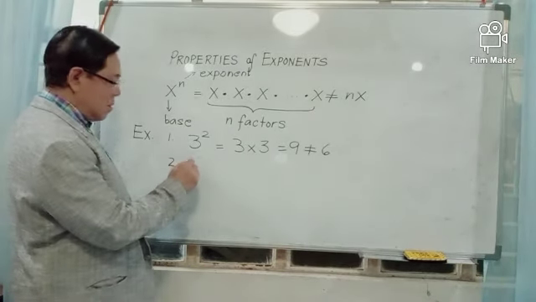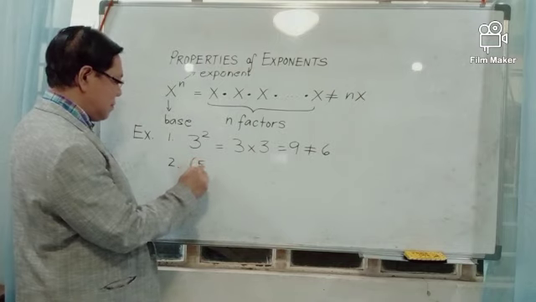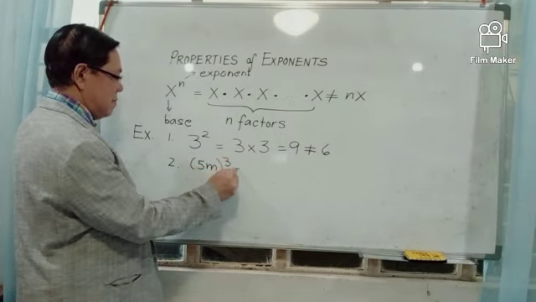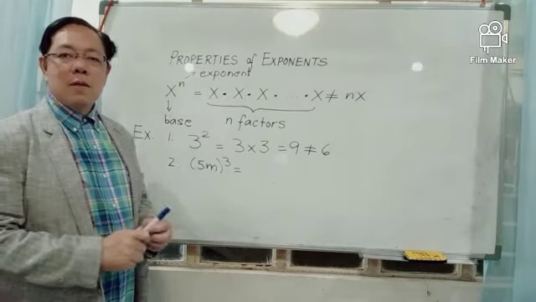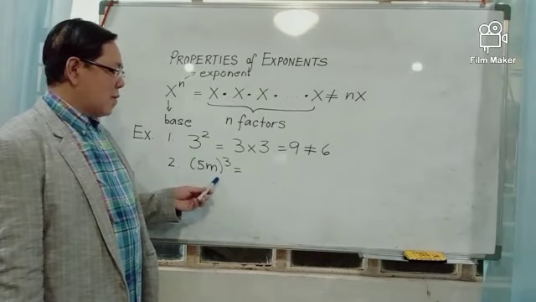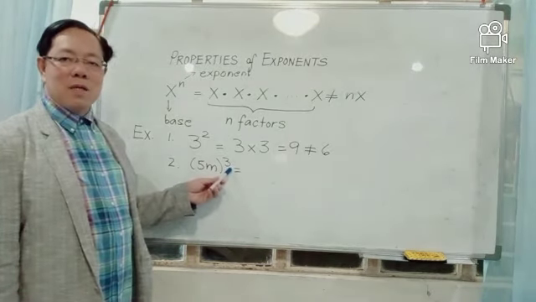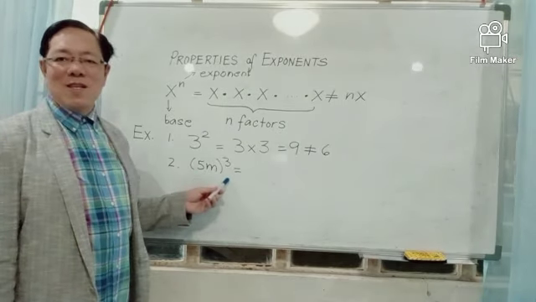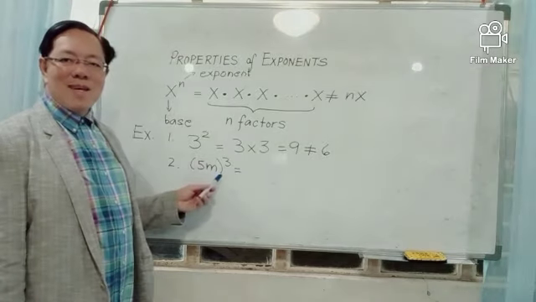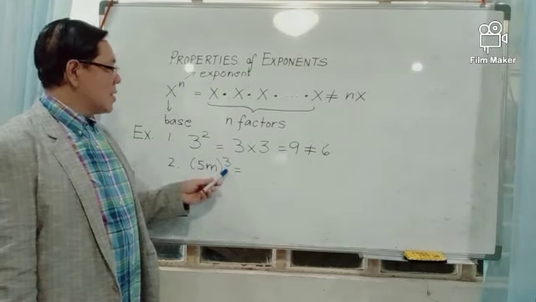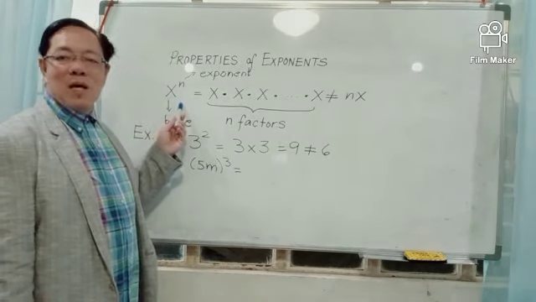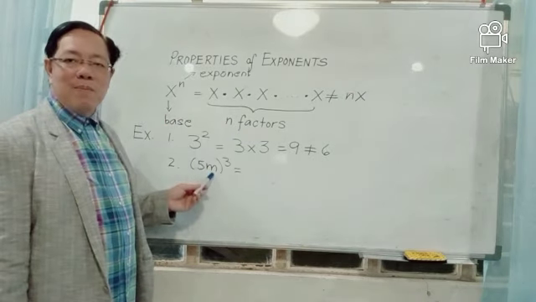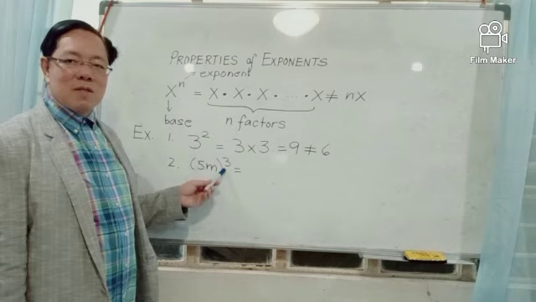Another example, here 5m is raised to the power 3. That means the base of this exponential notation is 5m and the exponent is 3. And by definition of exponential notation, we multiply the base 5m by itself 3 times.